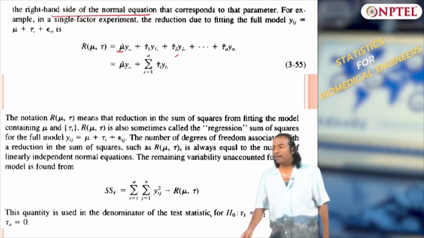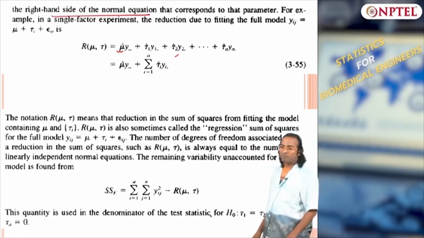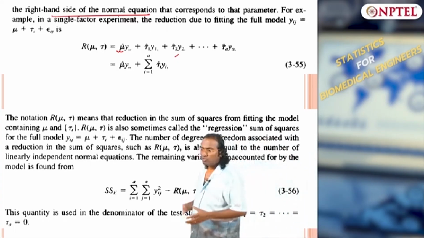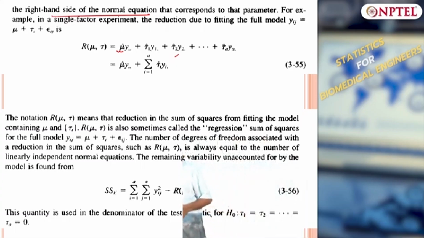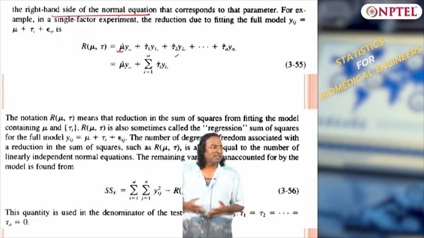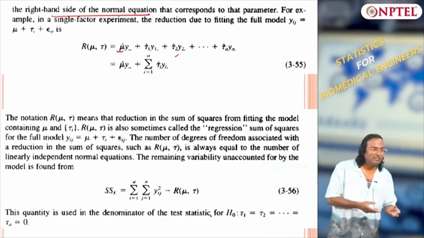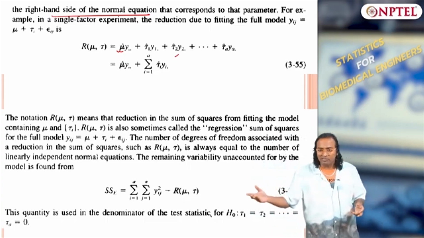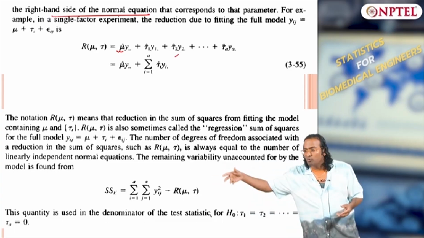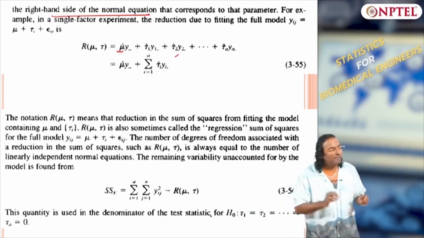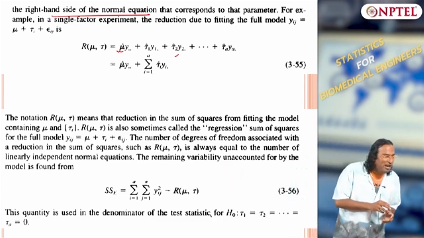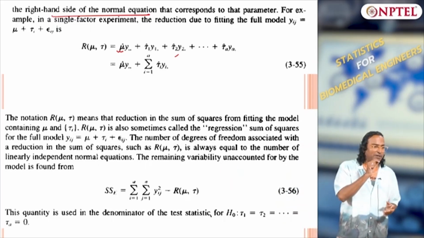If you want to understand what is explained due to the model, that is also simple: multiply the right hand side with the corresponding parameter, because that is the number of times it has appeared. So mu hat has appeared in all the observations, so mu hat into y double dot gives me the variance explained due to fitting the parameter mu hat.